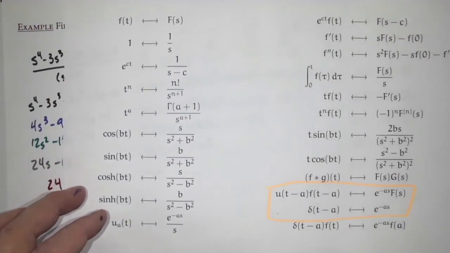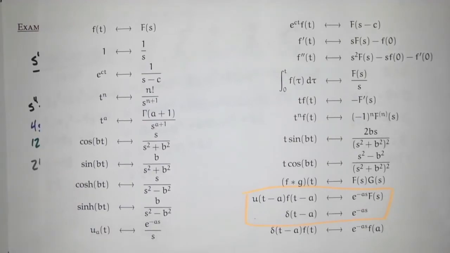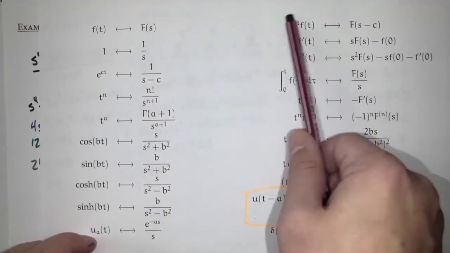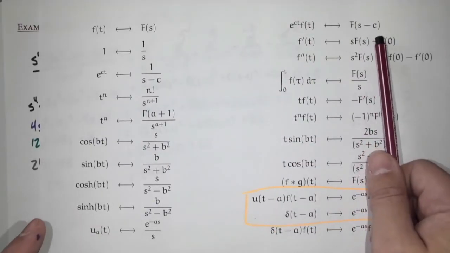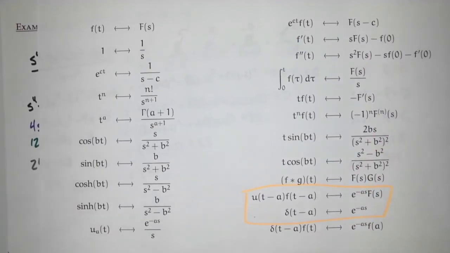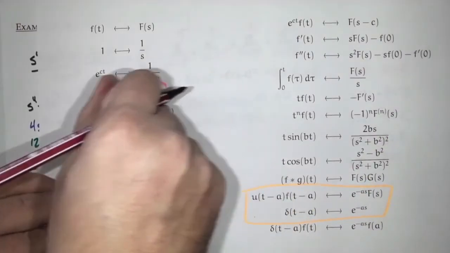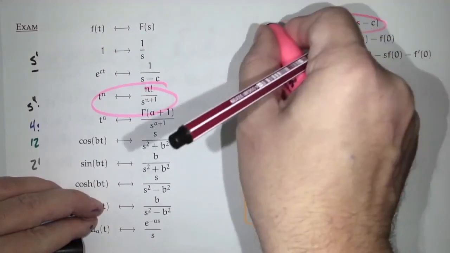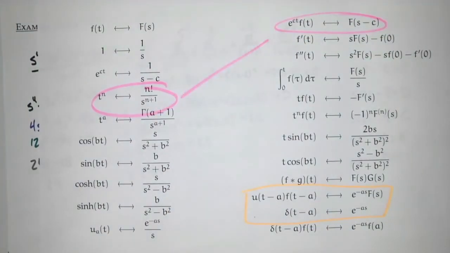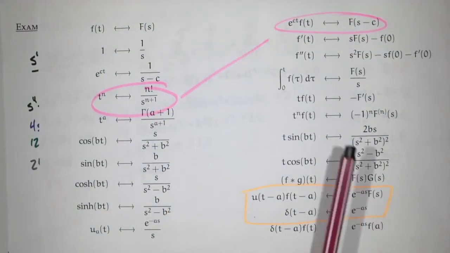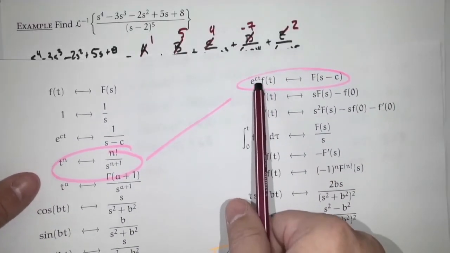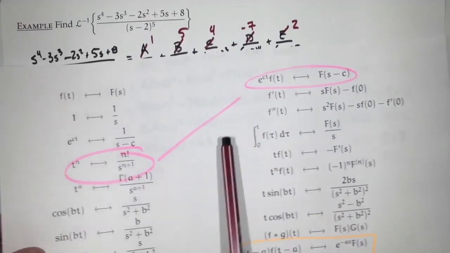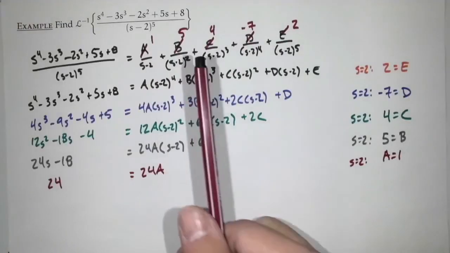Whenever you see s minus something, there's an e to the ct. And what else do we point to? Yeah, we're going to combine the t to the n with the e to the ct rules. In our case, since it's s minus 2, everything will have an e to the 2t. And then we just have to work with the powers.